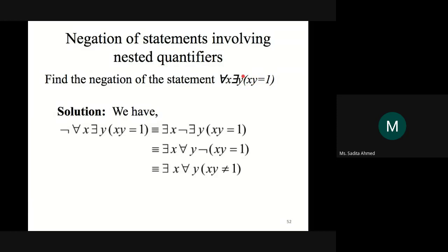Does it make sense to everybody that this statement is true? Miss, I have a question. Yes, go ahead. Just for example, if x is 3, then y has to be 1 by 3, right? Yeah. So is 1 by 3 a real number? Yes, it is. Why would it not be a real number? You can place it on the number line, yes? I thought it was integer, that's why.